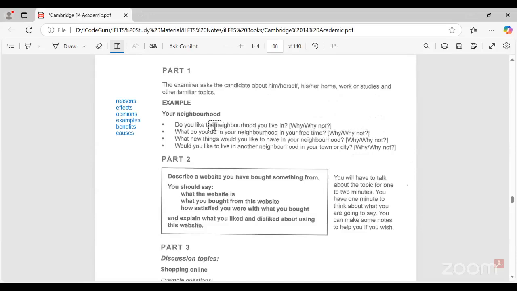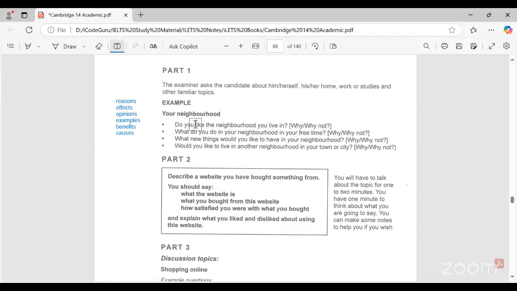And the second thing, even if you go to a band nice, if someone asks, do you like the neighborhood you live in, they will start with, yes, I like the neighborhood, because then they will try to give the reason. So one thing we don't need to do is just answer, yes, I like.